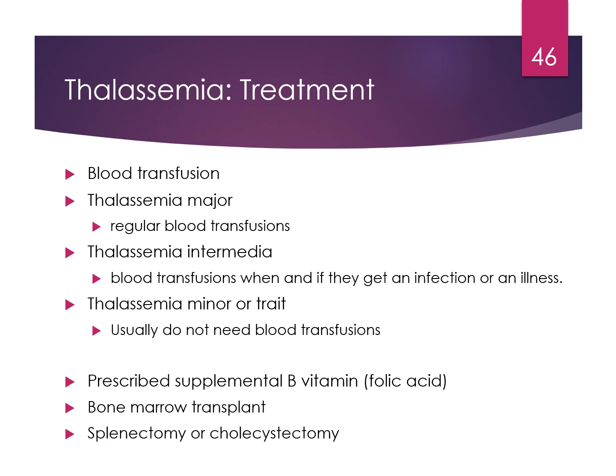And then when you talk about thalassemia minor, that is individuals who have been diagnosed with thalassemia, but they do not need blood transfusions. So we have thalassemia major, they're going to get regular blood transfusions once they are diagnosed. Thalassemia intermedia, they will get it only if they get sick or they have an infection. And then you have thalassemia minor, which those have a diagnosis, but they will not receive blood transfusions.